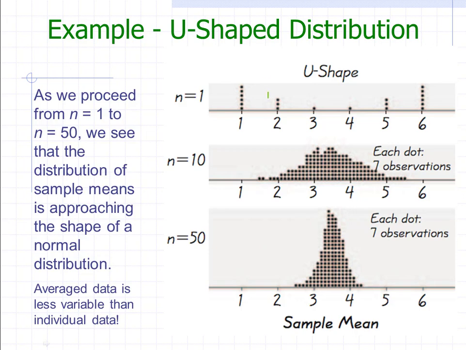We can even have a U-shaped distribution, or maybe you'd think of it as an anti-normal distribution. When our sample size is 10, you can see that it becomes closer to normal. When we up that to 50, it becomes even closer to normal. Notice that the spread is much smaller when our sample size is 50, because, and I hope you are thinking it before I say it, average data is less variable than individual data.